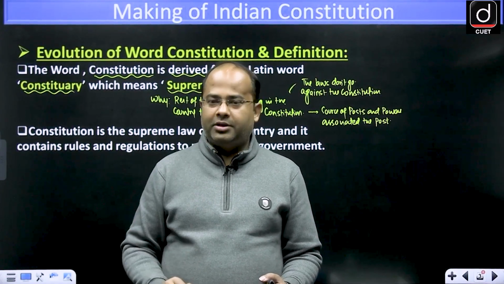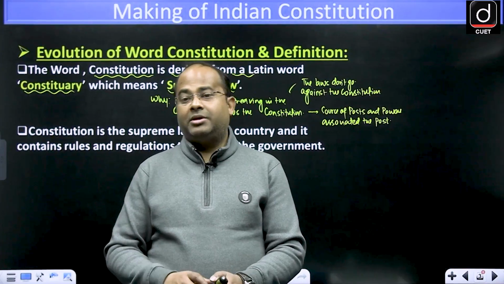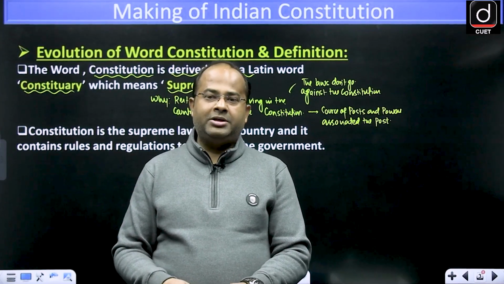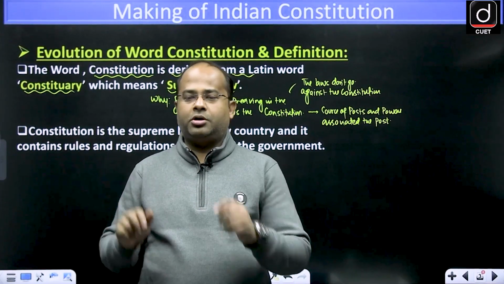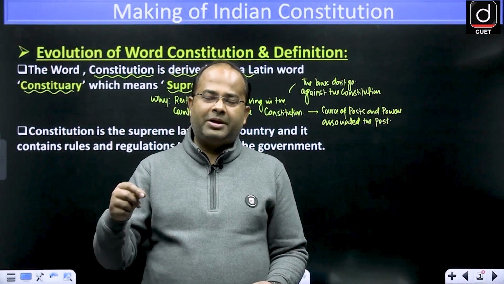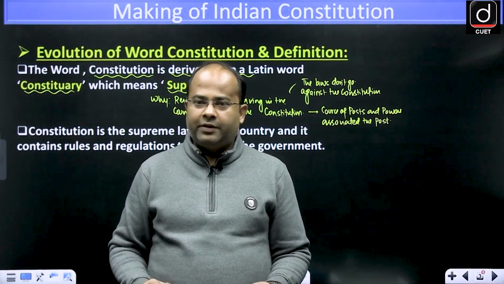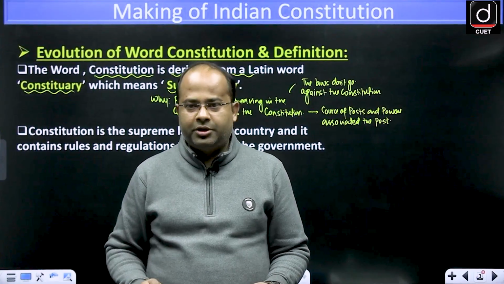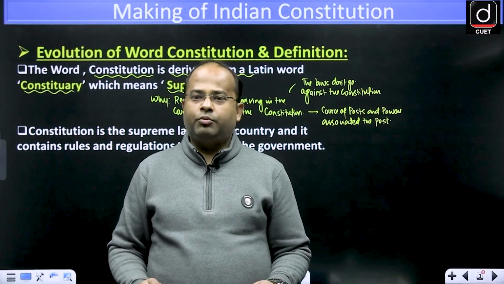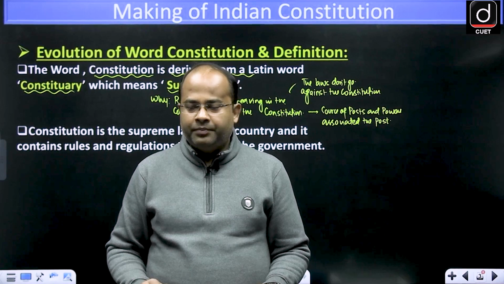Why are these powers given to the president? Because it is mentioned in the Constitution of India that, for example, the president will be the supreme commander of the defense forces. This is mentioned in the Constitution. Therefore the president is the supreme commander of the defense forces.